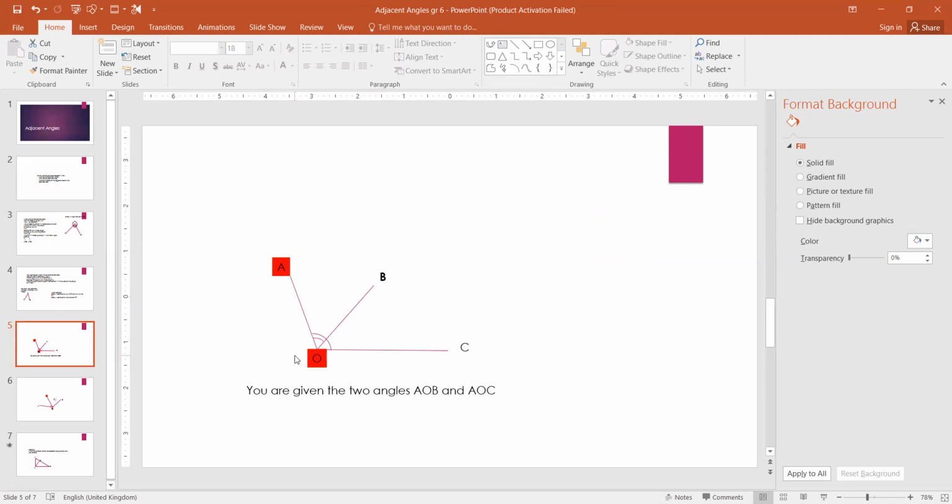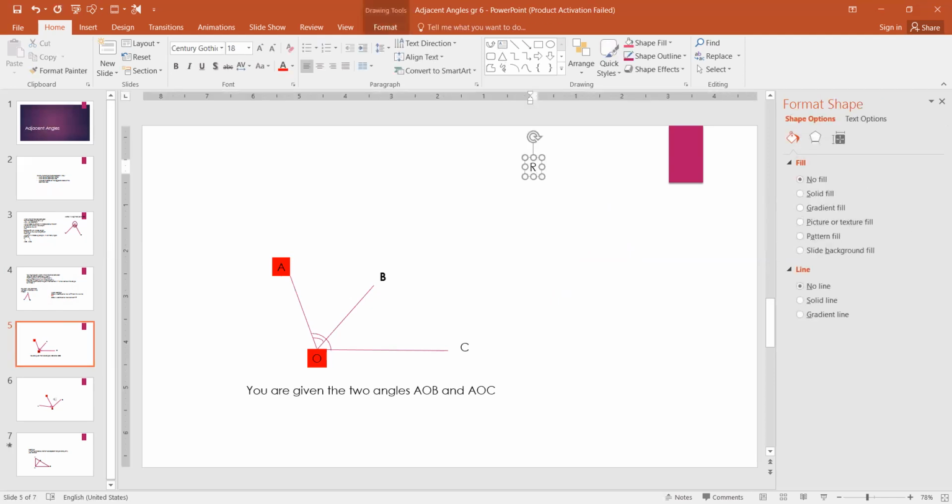I'm going to ask you a question here. Are AOC and BOC adjacent angles?